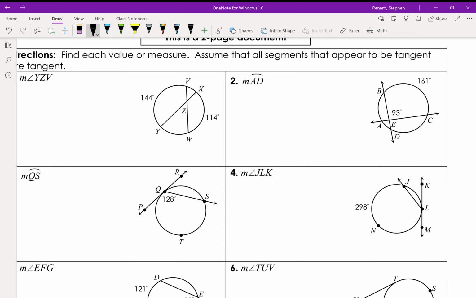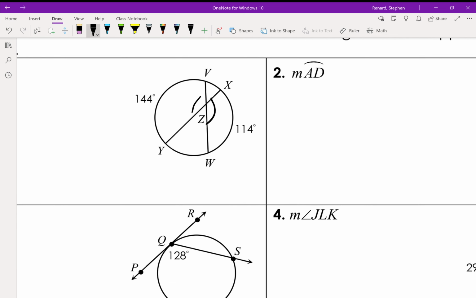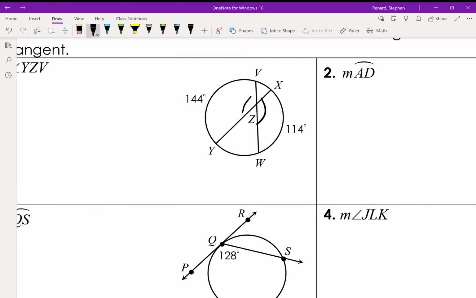So here, the angle we're looking for is YZV. So it's this angle right here. We don't have any information about here and here, so we're going to solve for these two angles, and then we'll be able to just subtract from 180 to get the other one. Here, they meet inside the circle.